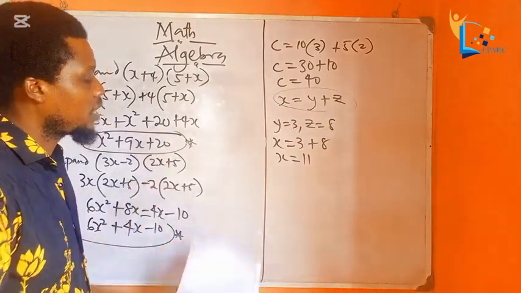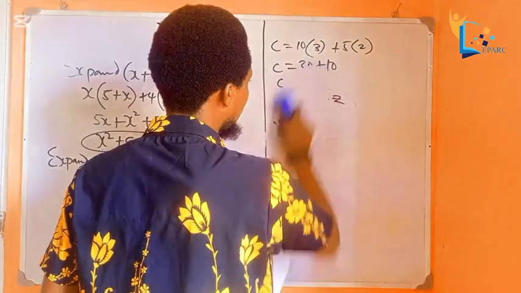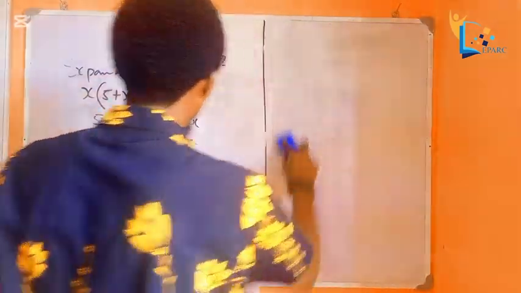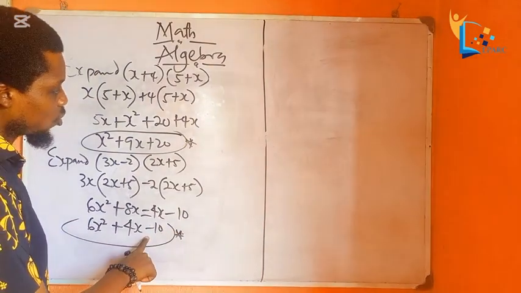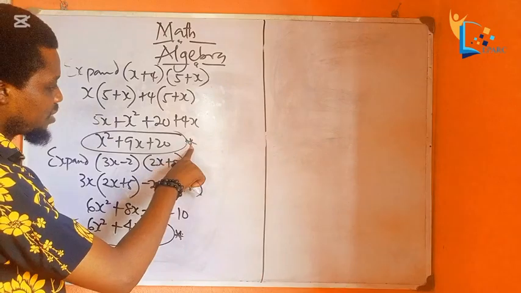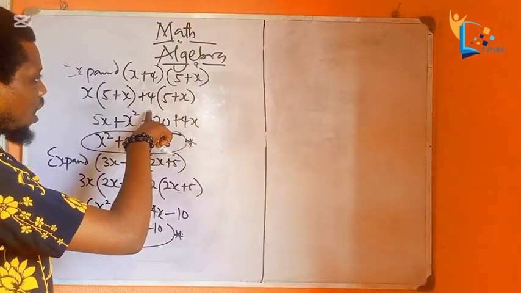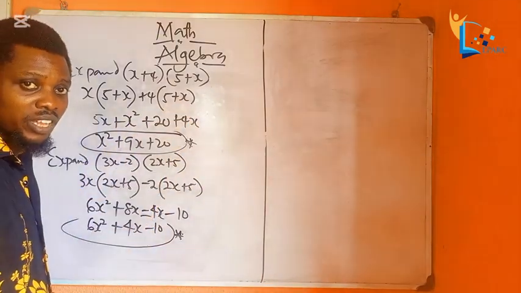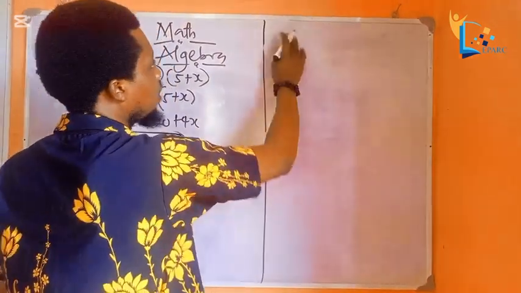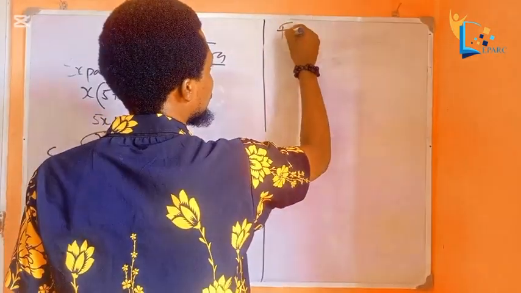Okay, so let's see how factorization works. With these expressions we have here, we are going to factorize them to see if they are going to give us the same result we had earlier. Are we together? All right, so let's see some factorization.